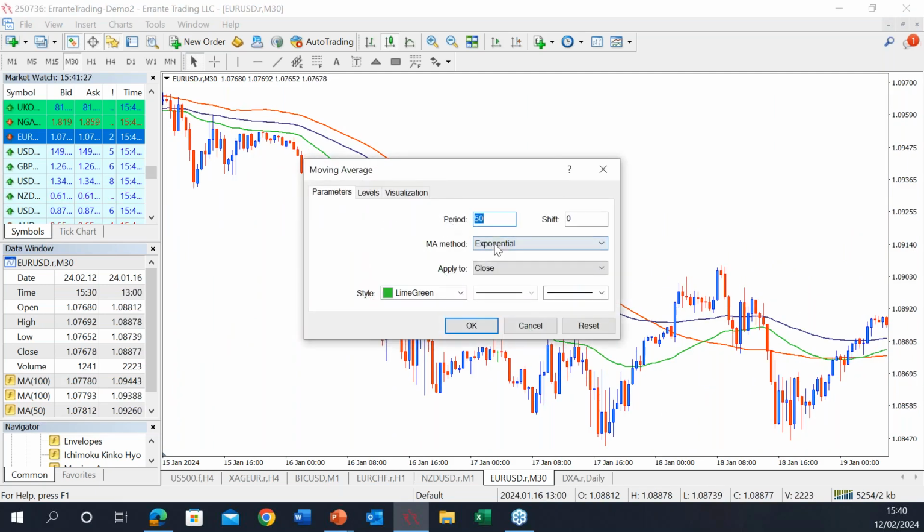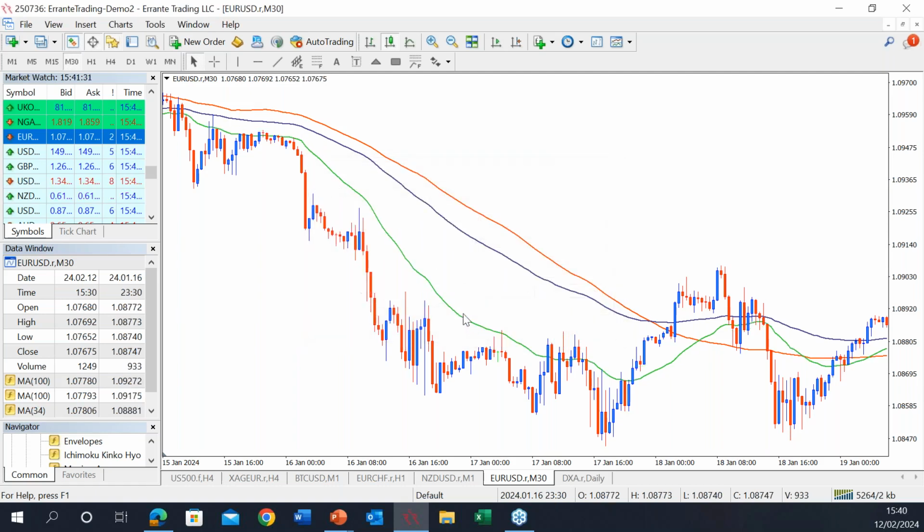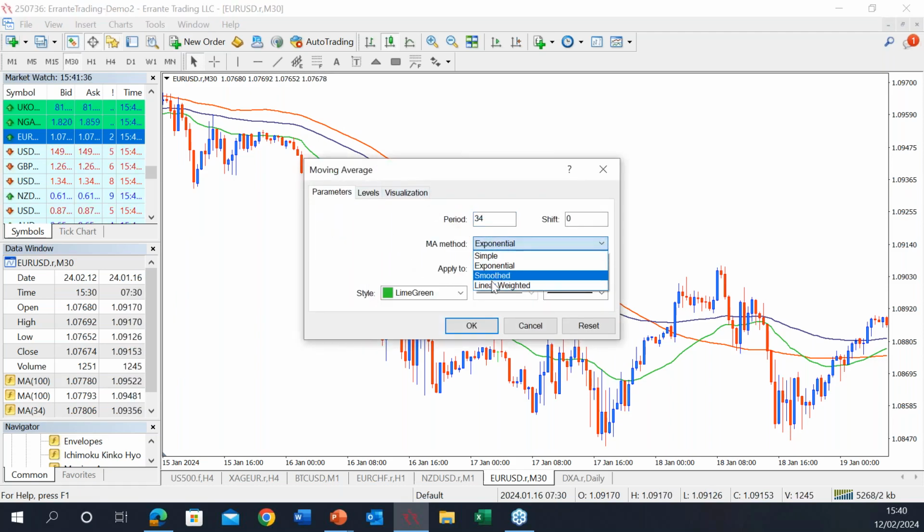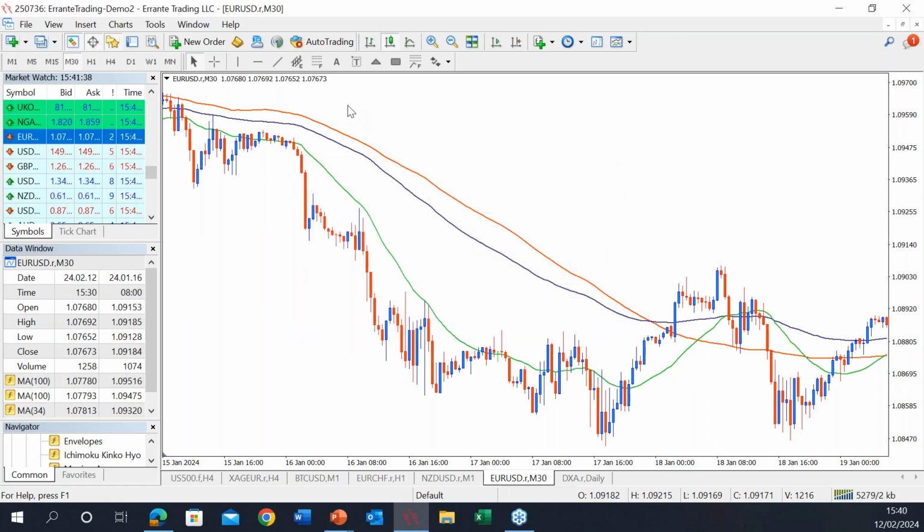Or maybe you prefer something shorter like the 34, and in that case you might go for the linear weighted, which is my favorite MA to use because it's always reliable about the market trend.